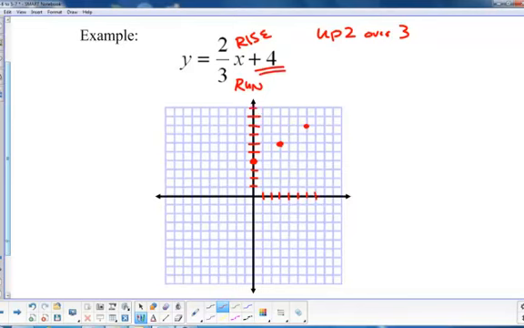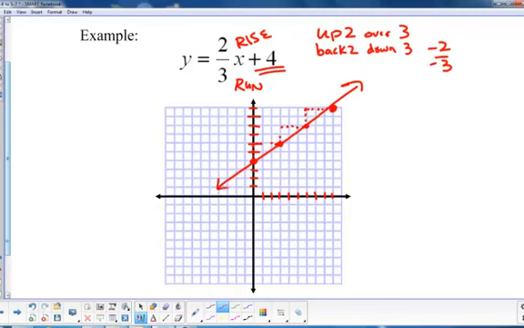Up 2 over 3. Now, when we have linear equations, we only need 2 dots. But if you started with this last point, up 2 over 3 is the same exact thing as down 2 over down 3, because a negative over a negative is a positive. So you could also go back to down 3, and you could continue that pattern so that you connect your dots for your line.